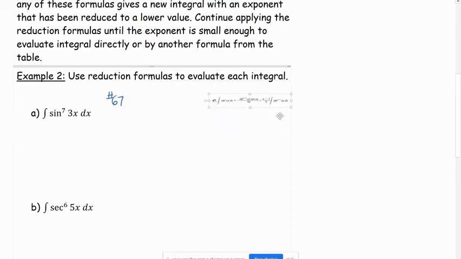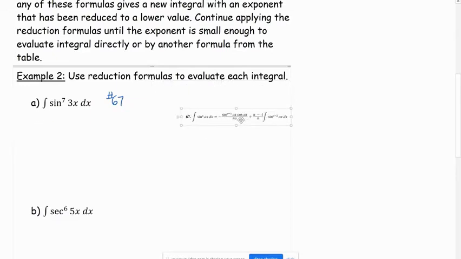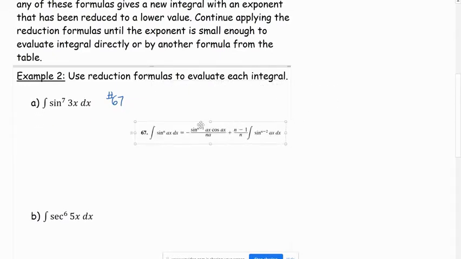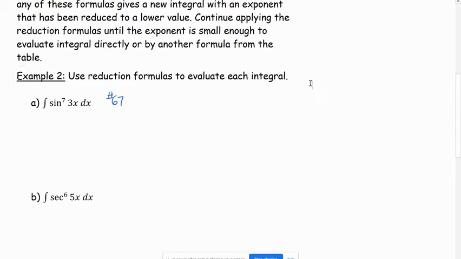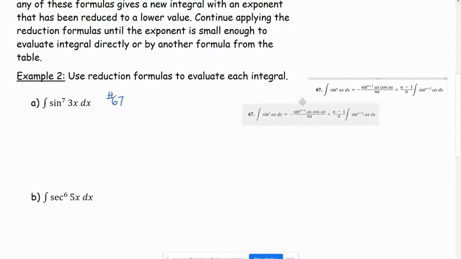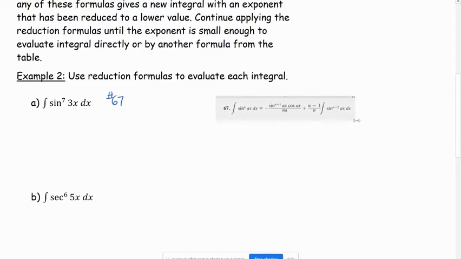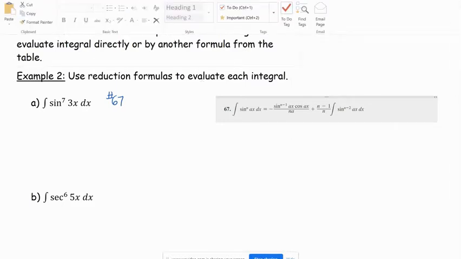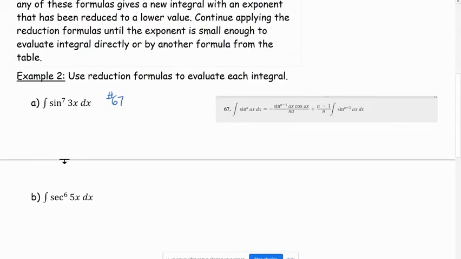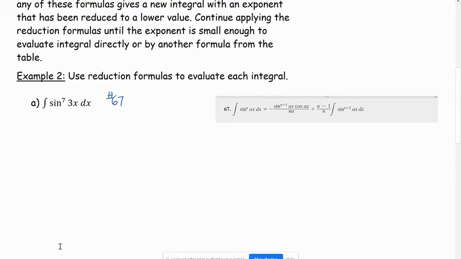That's going to allow us to reduce, let me get that out of there. Put it over here. Okay, there we go. All right, so now using formula 67, it's going to reduce the power of sine, which starts at n equals 7. It's going to reduce it by 2 each time we apply it. So if we can eventually get it down to sine squared, then we'll be able to evaluate the integral.